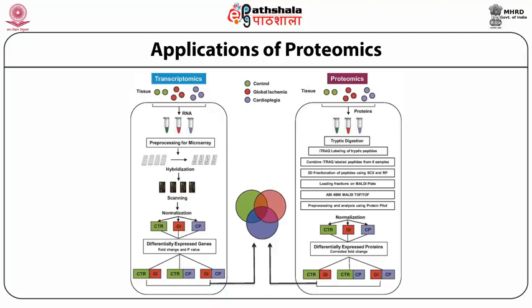The two-dimensional fractionation of peptides uses reverse phase chromatography, and these fractions are loaded on the MALDI-TOF, and after that we preprocess and analyze using ProteinPilot. After normalization, these proteins will be studied for their differential expression, and ultimately we will get a proteome profile of those particular differentially expressed tissues.